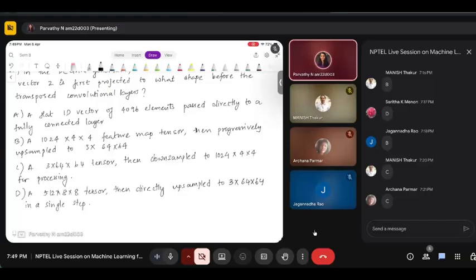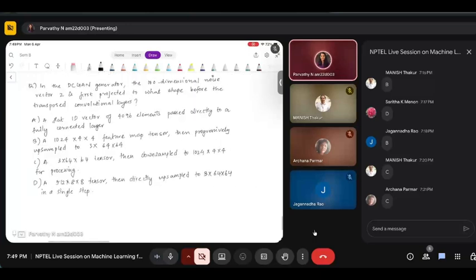In a DC GAN generator, the 100-dimensional noise vector Z is first projected to what shape before the transposed convolutional layers? A flat 1D vector of 4096 elements passed directly to a fully connected layer. A 1024 by 4 by 4 feature map tensor then progressively upsampled to 3 by 64 by 64. A 3 by 64 by 64 tensor then downsampled to 1024 by 4 by 4.